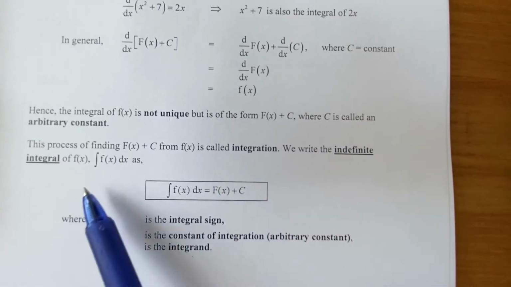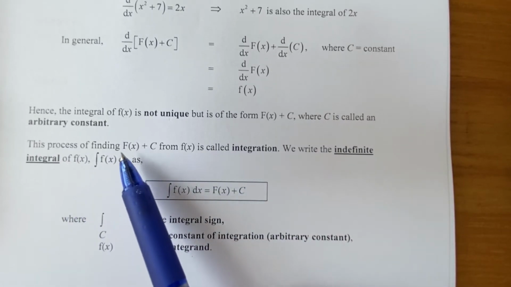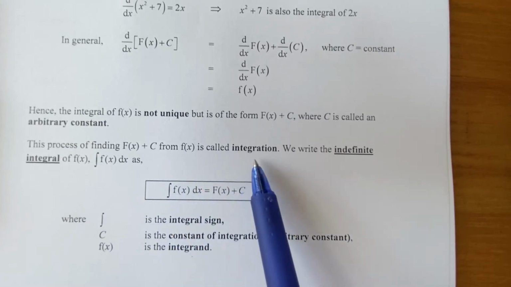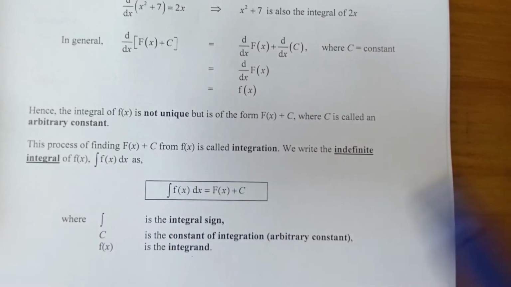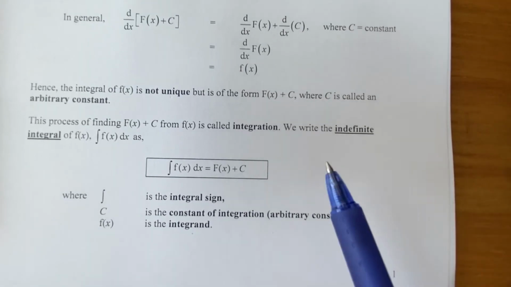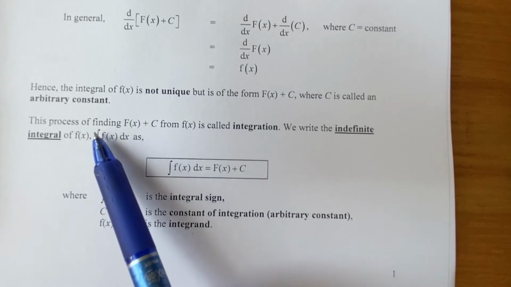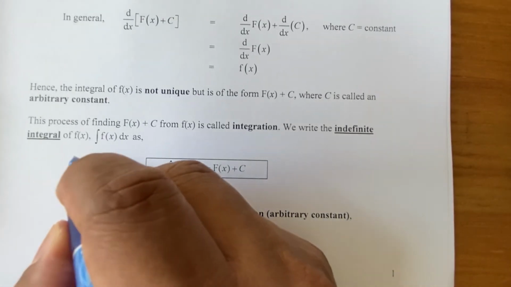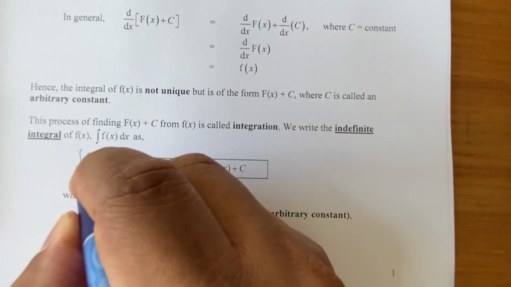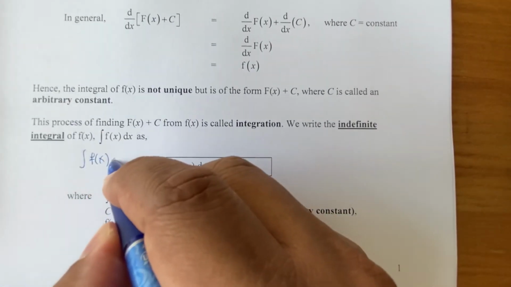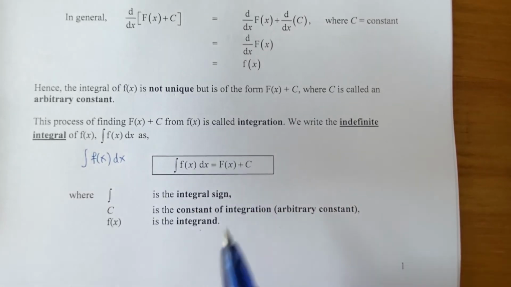Now, the process of actually finding the big F plus c from f of x is called integration. Therefore, the integral of f of x is written with this symbol, of f of x with respect to dx. It's of this form.